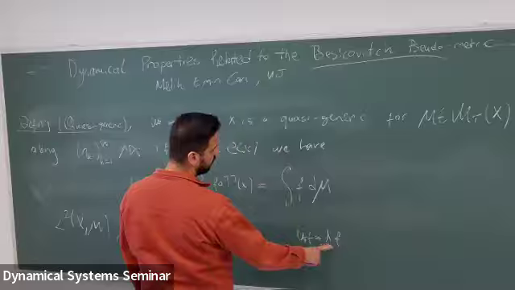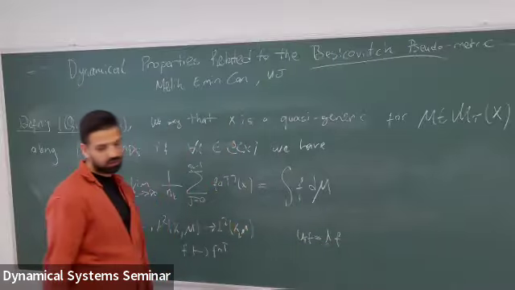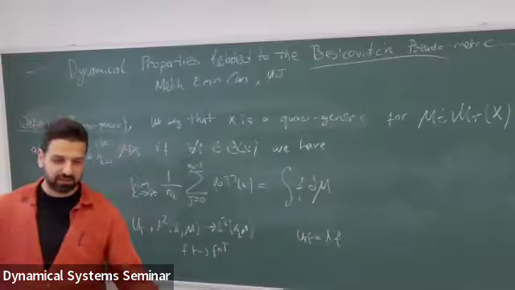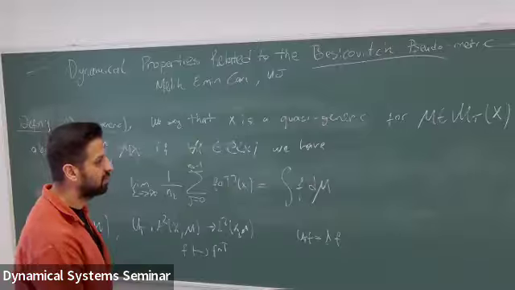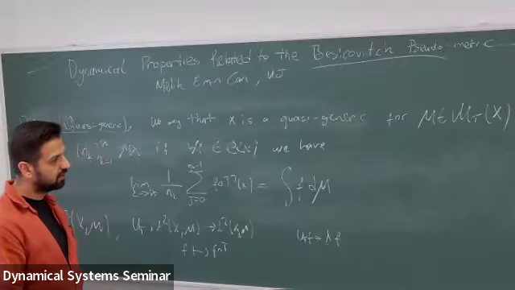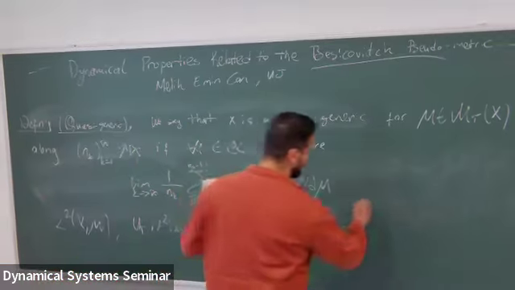Lambda is called an eigenvalue, and f is an eigenfunction corresponding to lambda. I guess you all know those kinds of things.